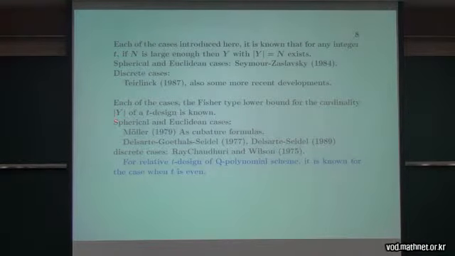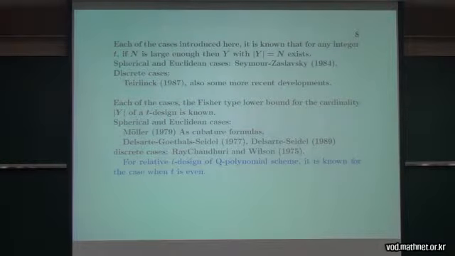For spherical and Euclidean cases, it was done by Möller as curvature formulas. This is much more general than the Euclidean or spherical designs. Without knowing his result, there is a Goddard-Seidel paper, or a Seidel paper, and for the discrete case, Ray-Chaudhuri. This has nothing to do with Möller's result. The discrete case is done by Ray-Chaudhuri and Wilson in 1975.